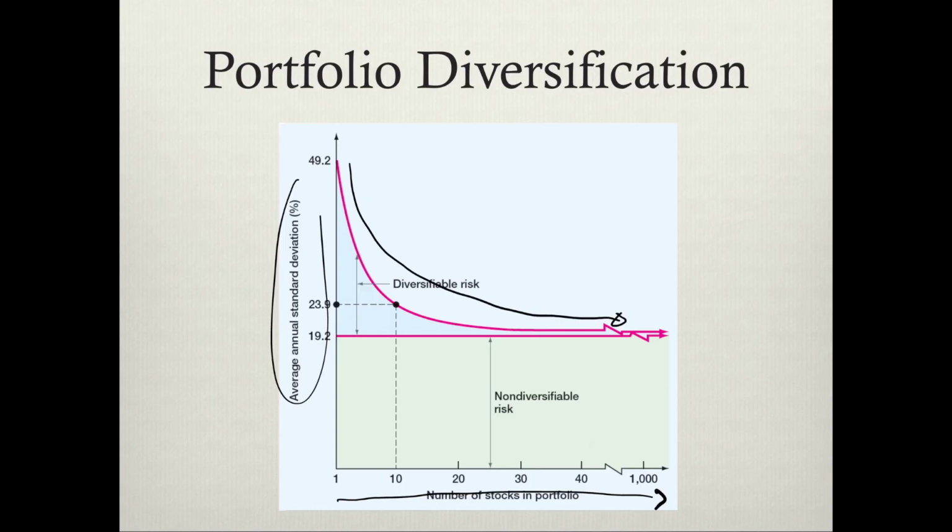And what we can identify is that this part that is decreasing is the unsystematic portion. This is our firm-specific risk, which we can diversify away as we increase the number of stocks in our portfolio. But there is a type of risk that we are unable to diversify away as it affects the entire market, and that is your non-diversifiable risk, or otherwise referred to as your systematic or your market risk.